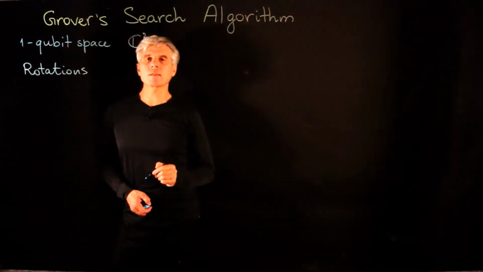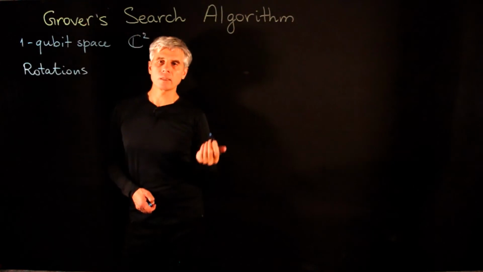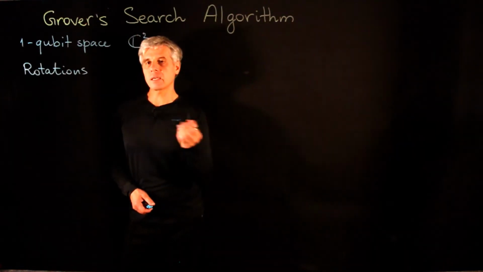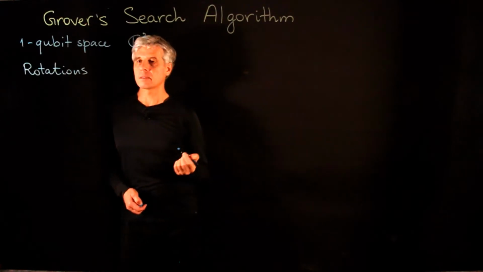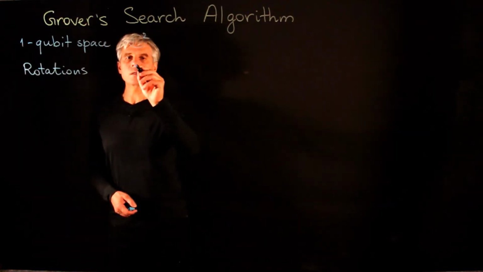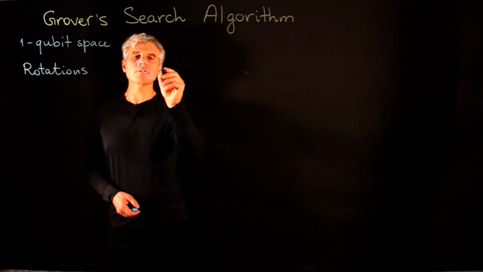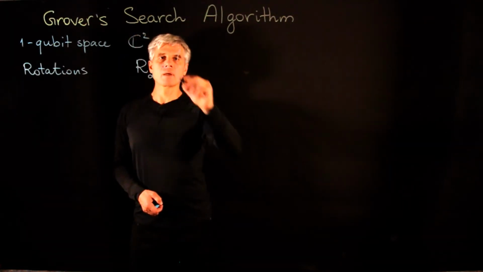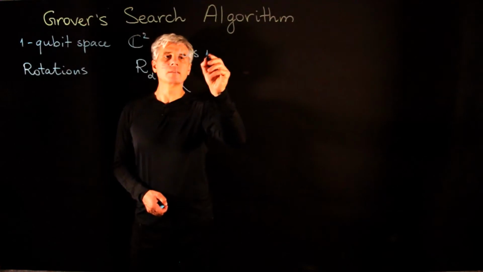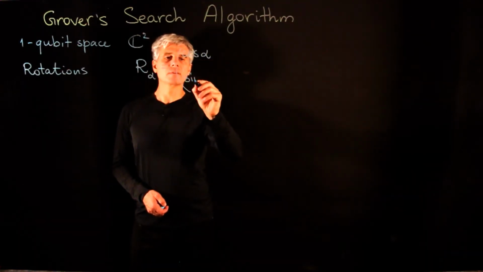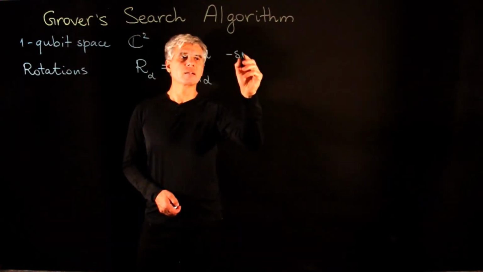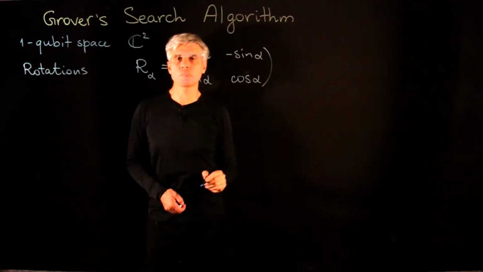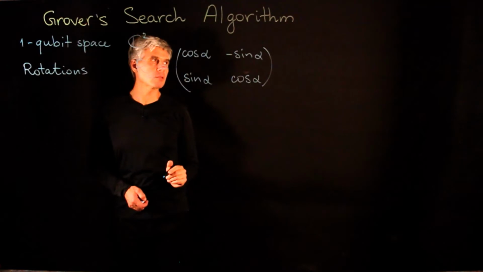Ignoring that this is a complex space, we can just treat it as a real space and then take rotations of a plane. Here we have the R alpha transformation: cos alpha, sine alpha, minus sine alpha, cos alpha. This is a well-known expression for the rotation matrix.